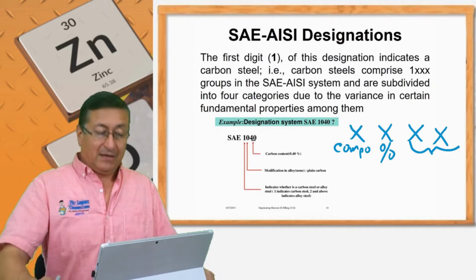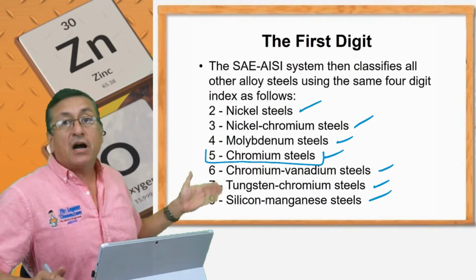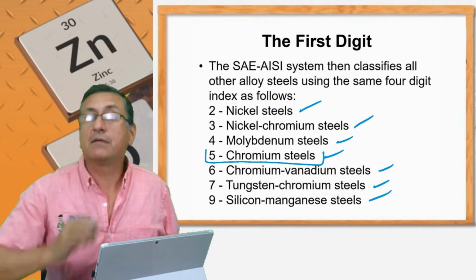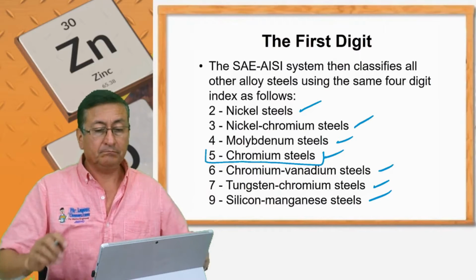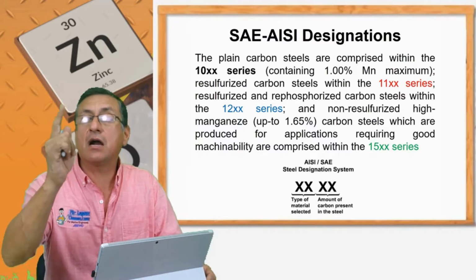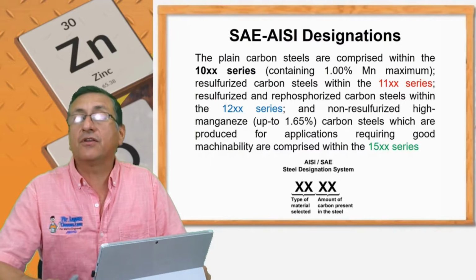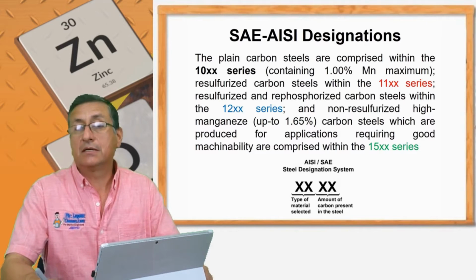Okay? The first digit is the main element in the alloy. For example, the plain carbon steels start with the number 1 in the first digit, because the first component is carbon.